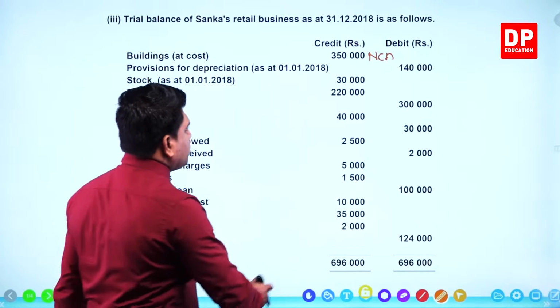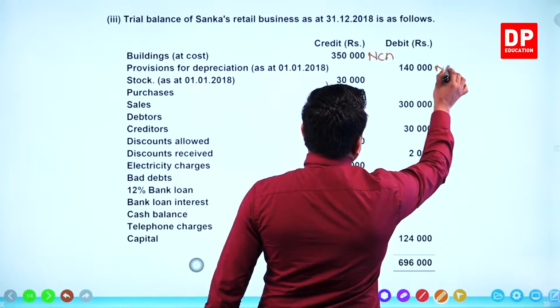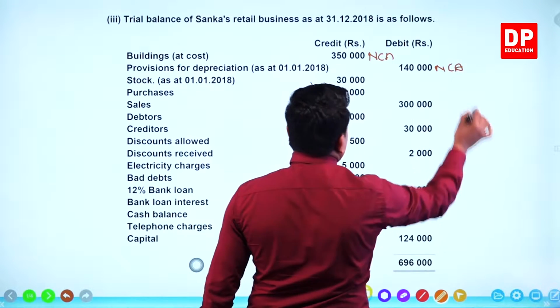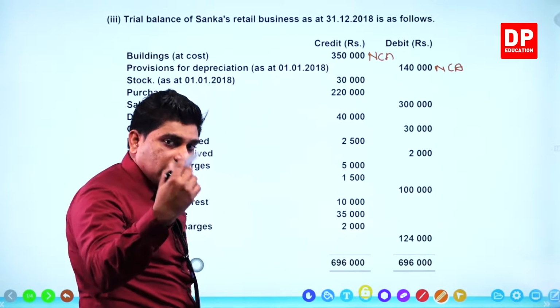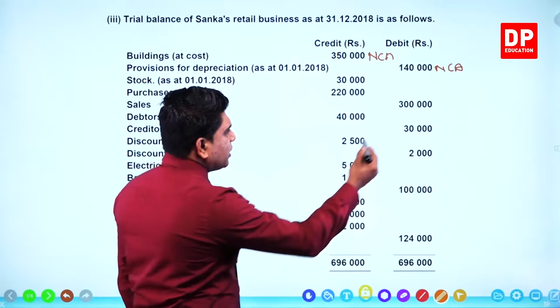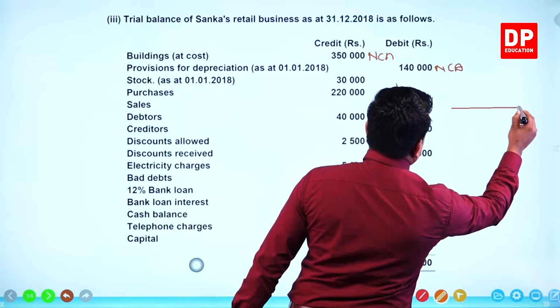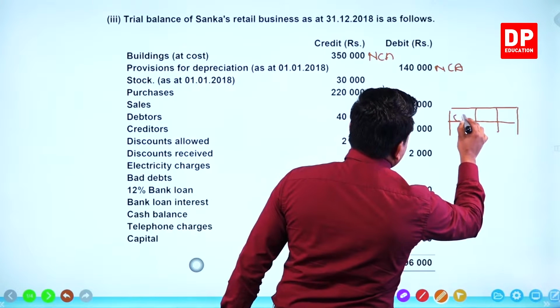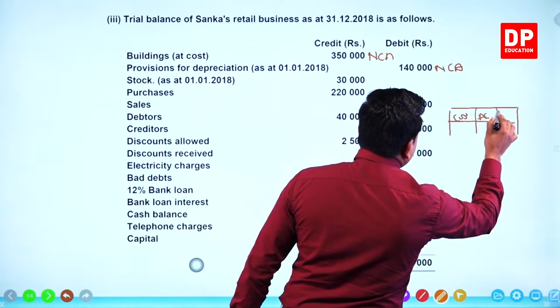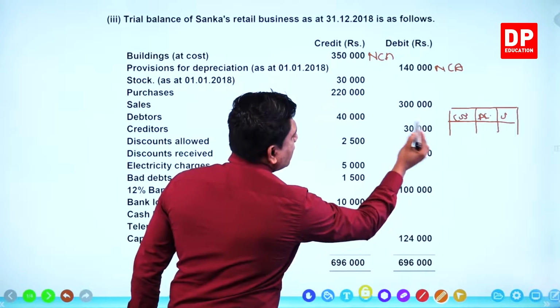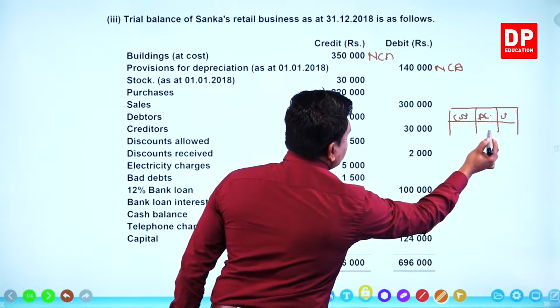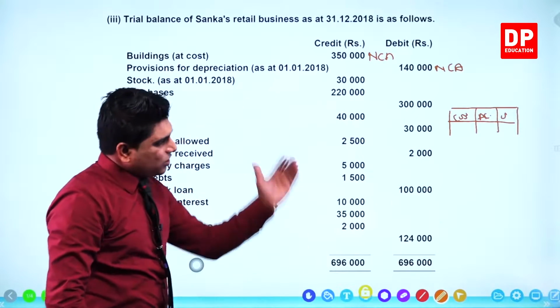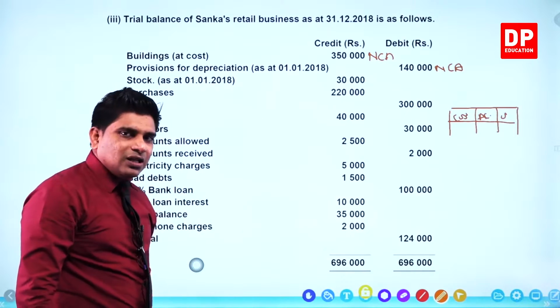It goes under the non-current assets category, in the accumulated depreciation column. If you want, I can draw a small table: cost, accumulated depreciation, net book value. So finally it comes under the non-current assets.